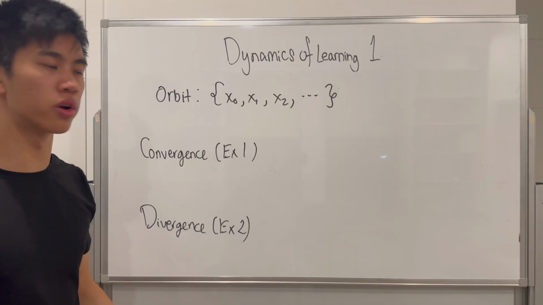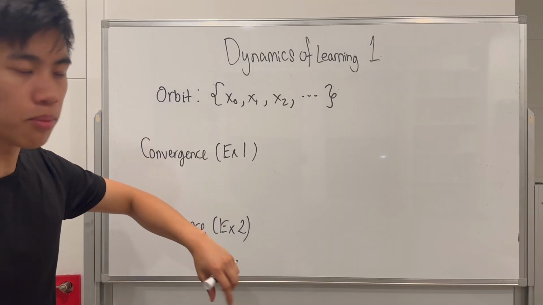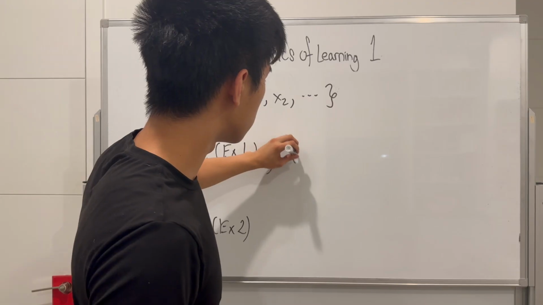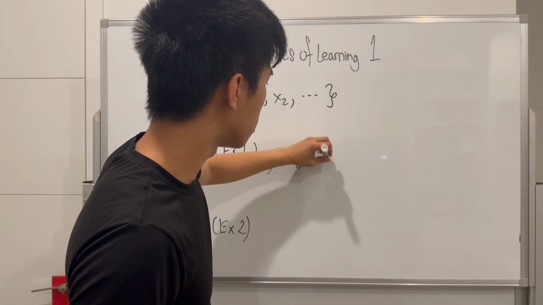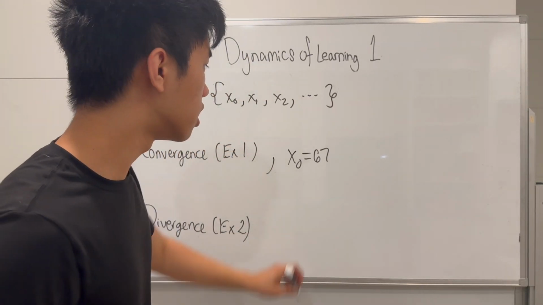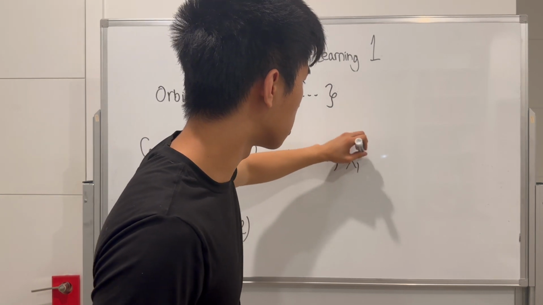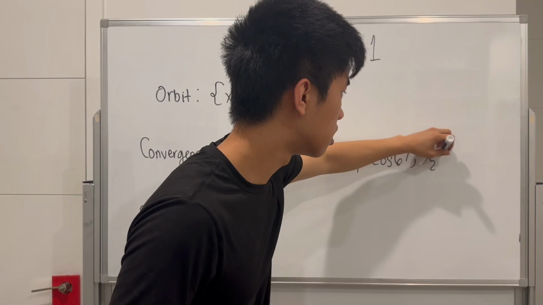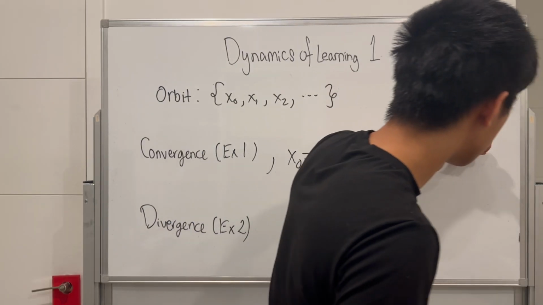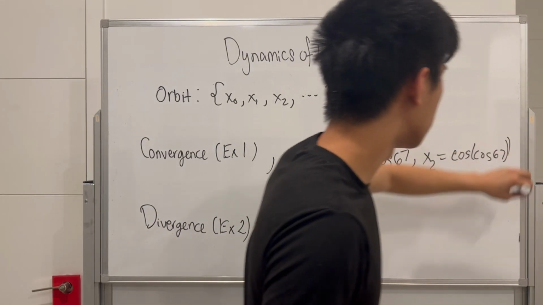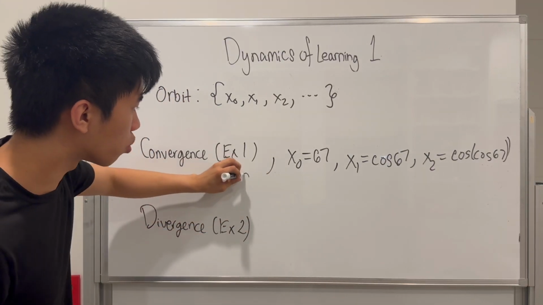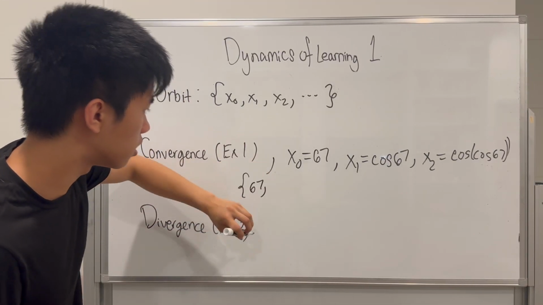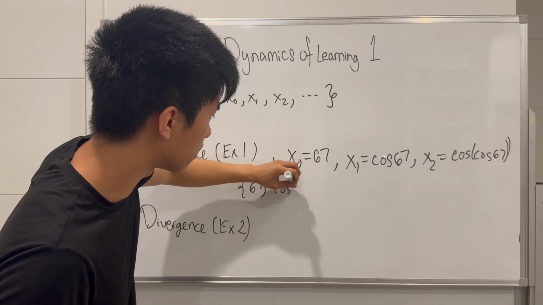Seems pretty straightforward. So in our example 1, we had 67 as the initial condition, and then we took the cosine of that. That's the first term. The second term is cosine of cosine of 67, and so that would mean that the orbit is just 67, and then cosine of 67, and so on.